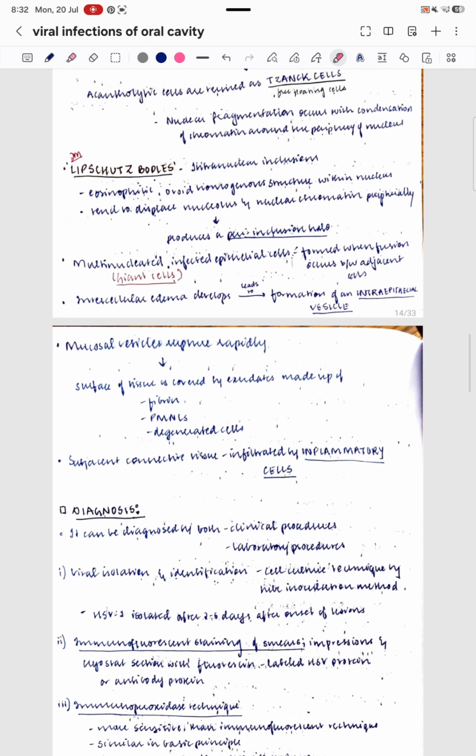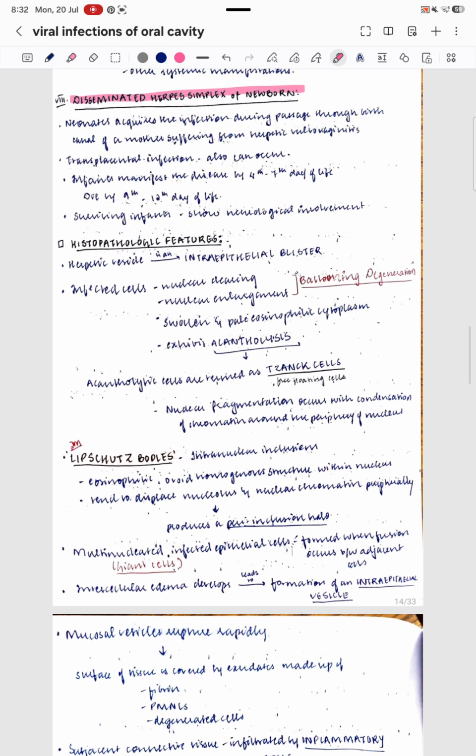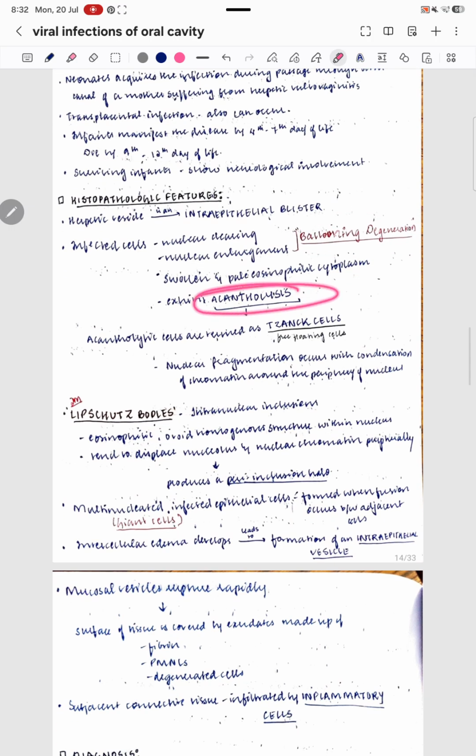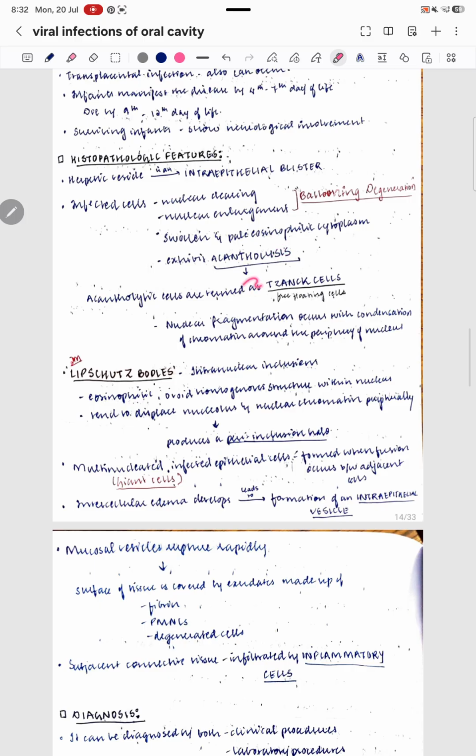So mainly you need to remember a few things in histopath. First is the ballooning degeneration. Here you have to describe the infected cells and their nucleus. Then you have to know about acantholysis and Zang cells, and the edema of the epithelium and break in the basement membrane. Then you have a break in the epithelium, that is your acantholysis.